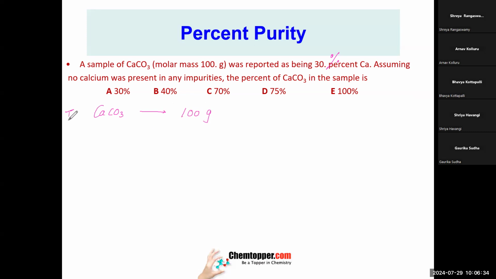This is impure. So what is the amount of the impure calcium carbonate? 100 grams.